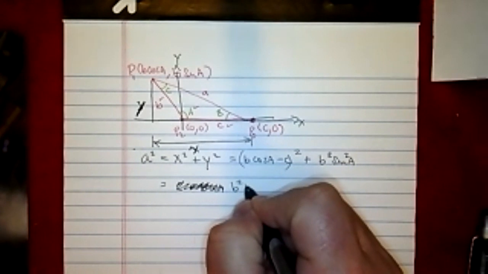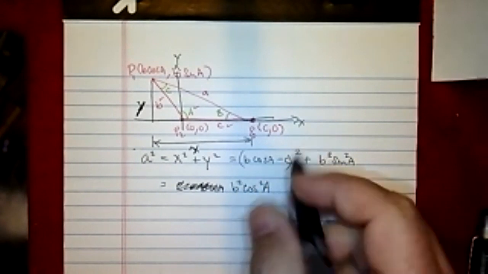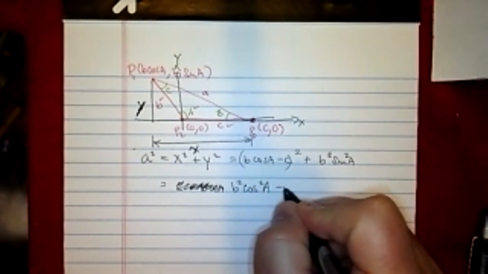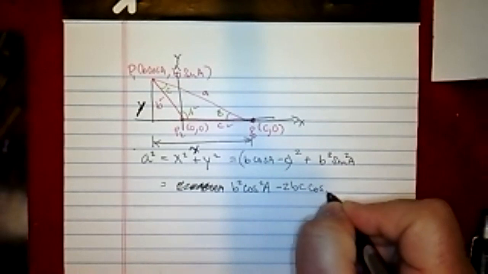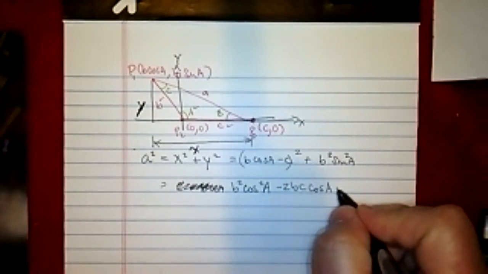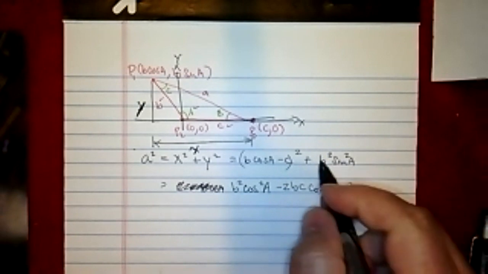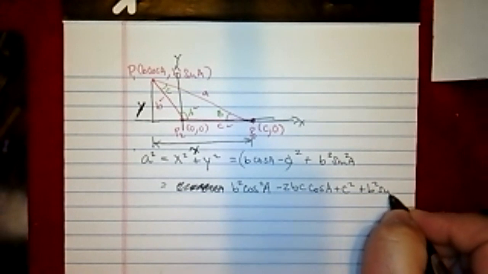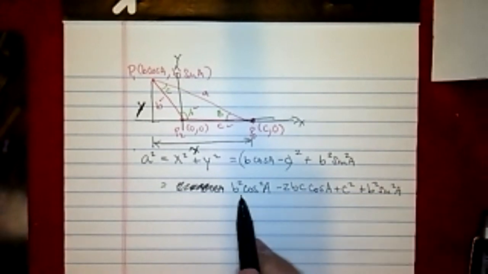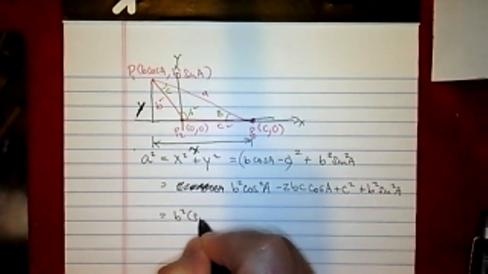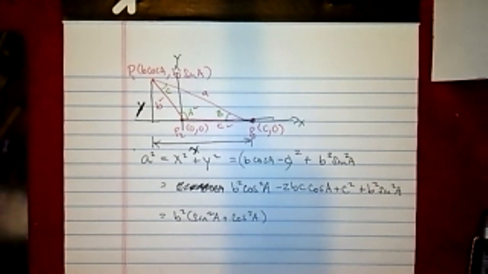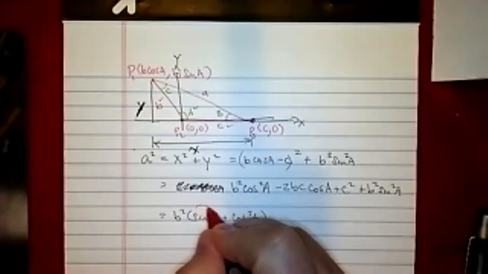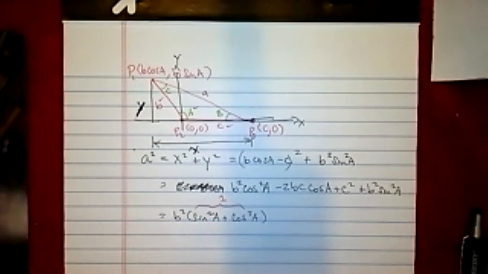So I'm going to get b squared cosine squared A. 2 times the product of the 2 would be negative 2 times b times c times cosine of A, and then plus the second term squared, so it'd be plus c squared plus b squared sine squared A. Notice the b squared cosine squared A and the b squared sine squared A can become just b squared times sine squared A plus cosine squared A, which in our trig identities video, we found is exactly equal to 1, so that makes it easy peasy.